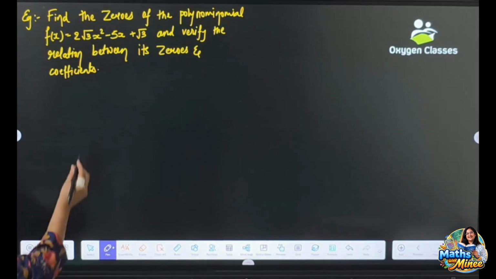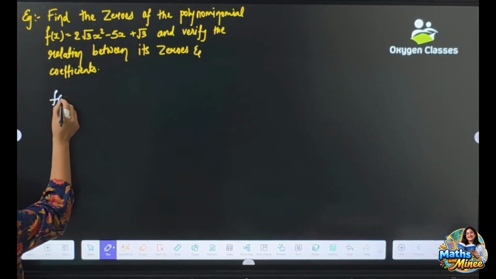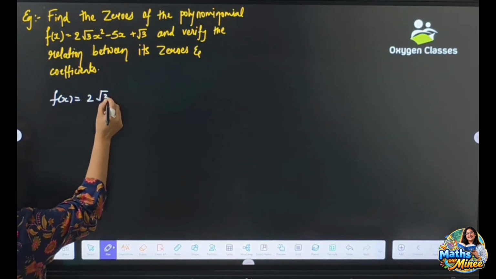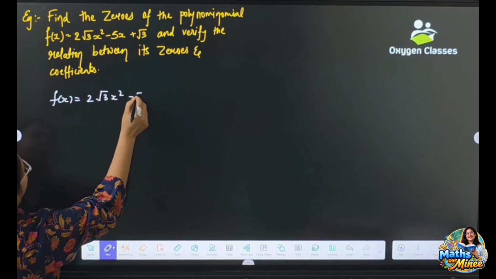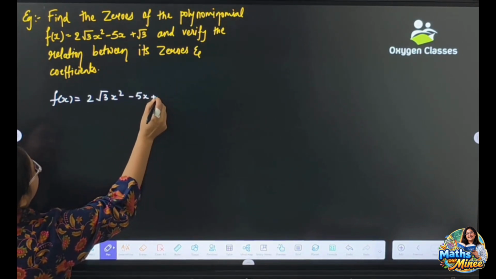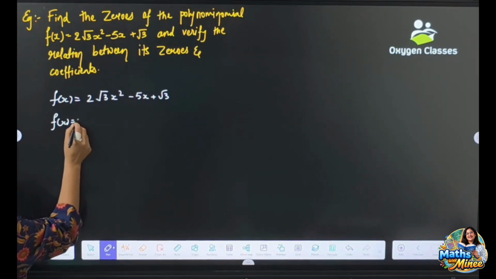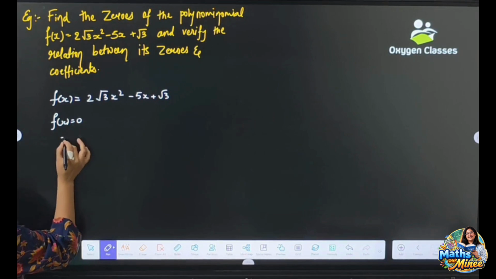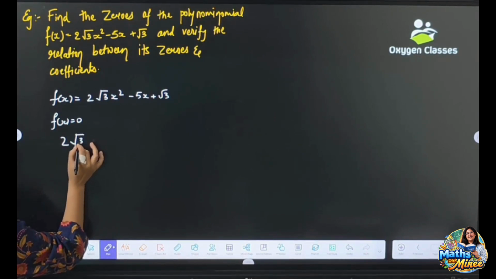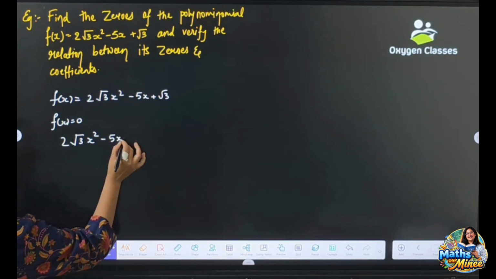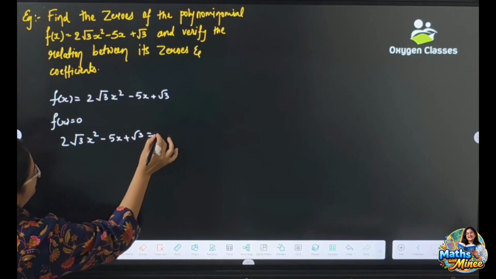So here f(x) = 2√3x² - 5x + √3. Let us take f(x) = 0. So now 2√3x² - 5x + √3 = 0.